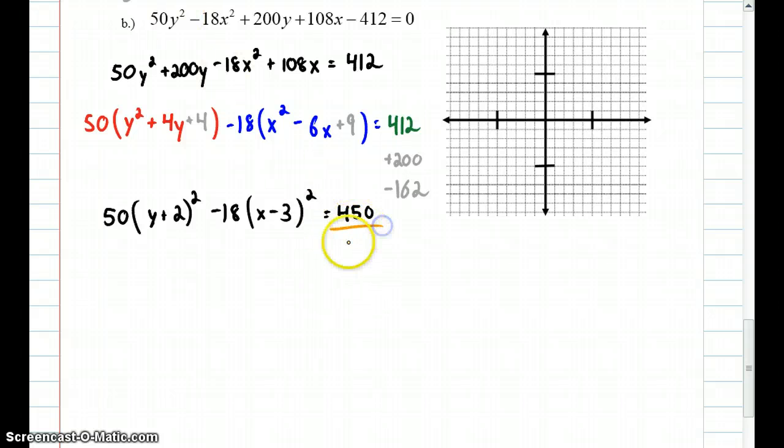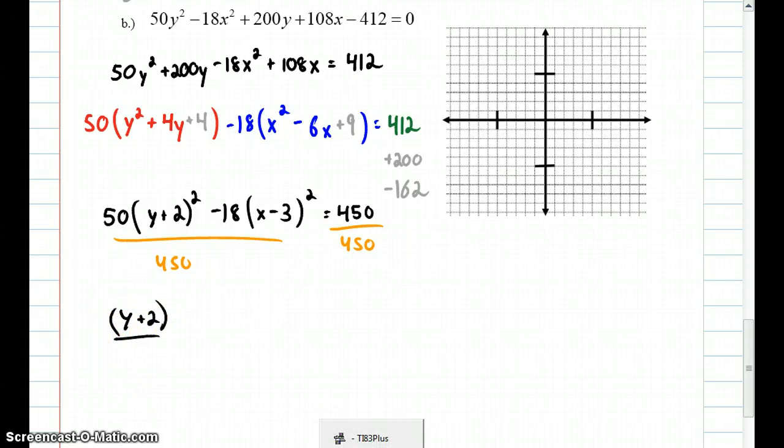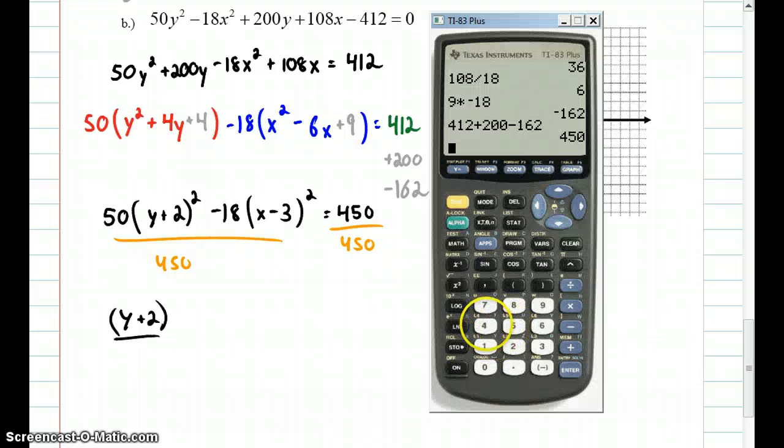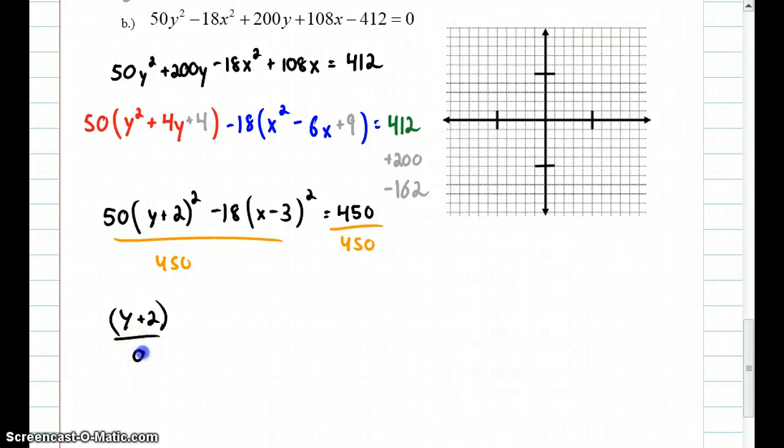Dividing everything by 450 leaves me y plus 2 out of, let's see, 50 goes into 450, I've got a 9 left over in the denominator.